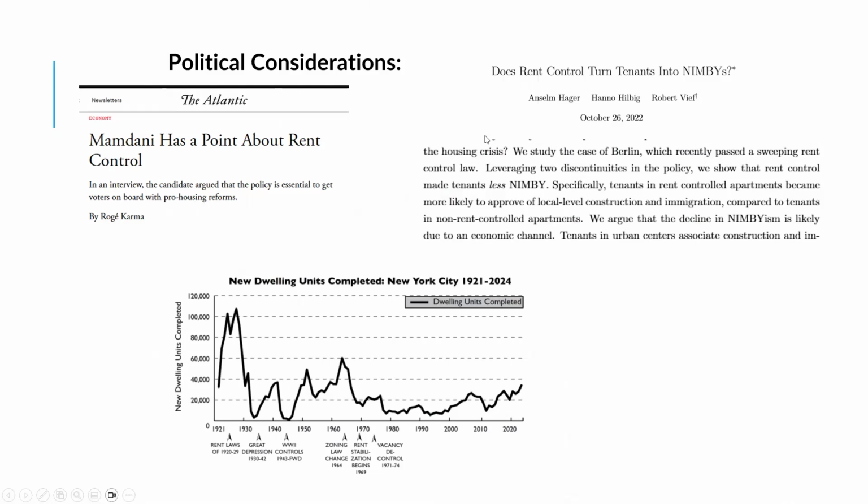I found this article about Berlin, but essentially the authors came in with a hypothesis that rent stabilization, because it makes people stay in their neighborhoods longer, might make them more NIMBY. But in reality, it actually makes them more yes to new housing construction. And they hypothesize it's because housing construction is long, it's complicated, and oftentimes it's coming when a neighborhood is on the upswing and when rents are going up.